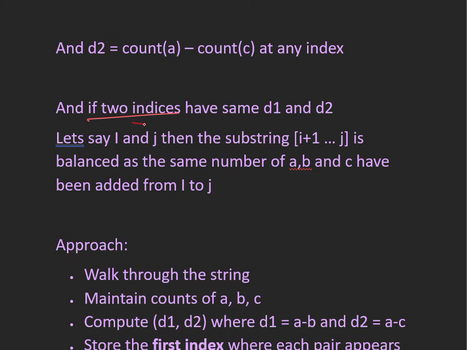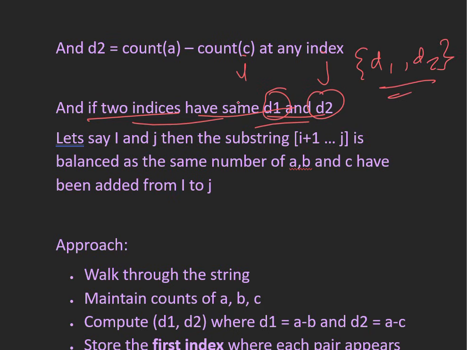So if two indexes i and j have the same (d1, d2) pair, that means the substring from i plus 1 to j is balanced, because d1 denotes the difference of count of a minus count of b, that is, number of a's added minus number of b's added, and d2 is number of a's added minus number of c's added.